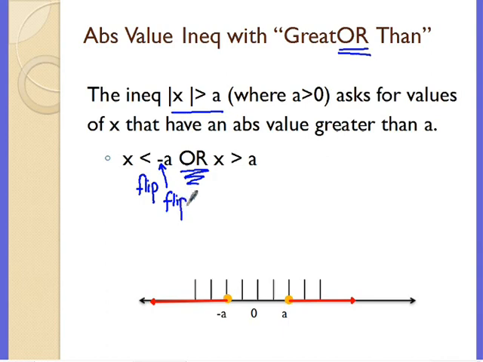So one is as is without the absolute value bars. The other one, flip the symbol, flip the sign. And we'll go through these steps again in just a moment. Visually, this is what we were just showing on the previous page too. You can write it down again if you want. If absolute value of x is greater than a, this is what the picture is going to look like. It's going to be an OR inequality.